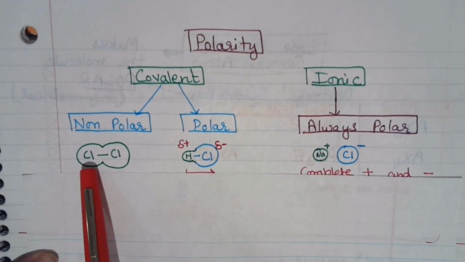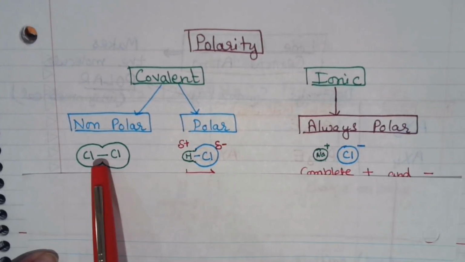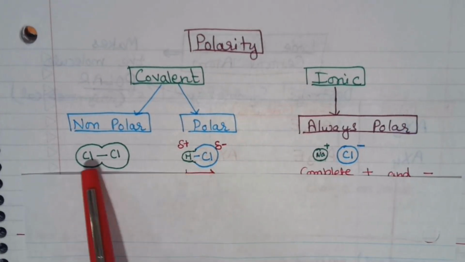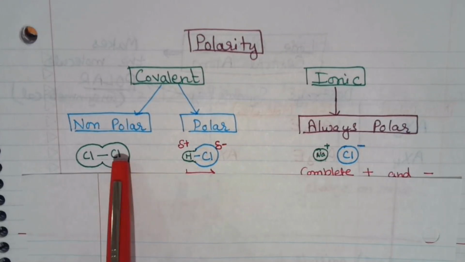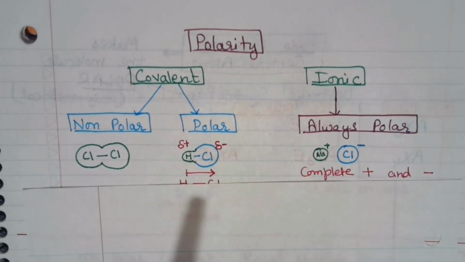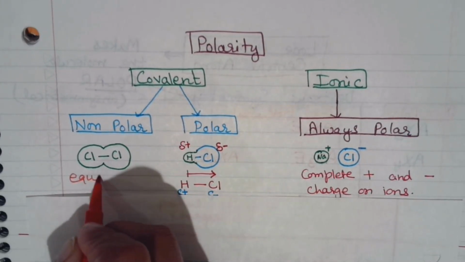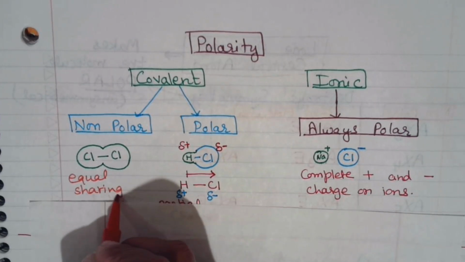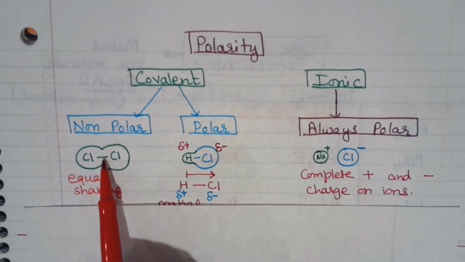Both these atoms are same, so they have equal electronegativities and they pull on the shared pair equally on both sides. So the shared pair lies in between the two atoms. This is what we call equal sharing, because both atoms have the same electronegativity.